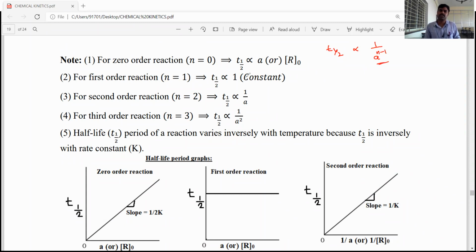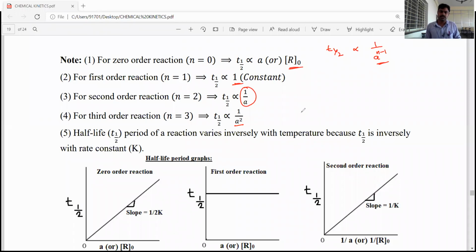From this relation, for zero order reaction it is directly proportional to initial concentration. For first order reaction, half-life period is constant; for second order reaction it is inversely proportional to initial concentration; and for third order reaction, the half-life period is inversely proportional to the square of the initial concentration of reactants.